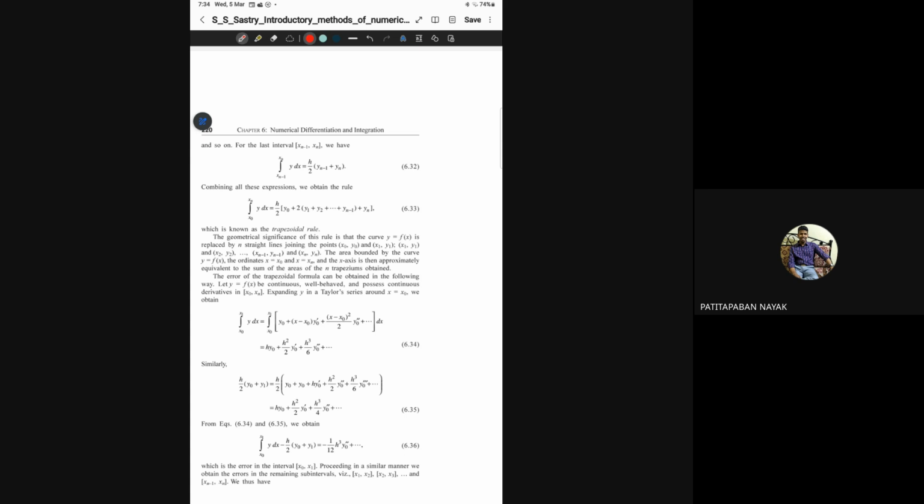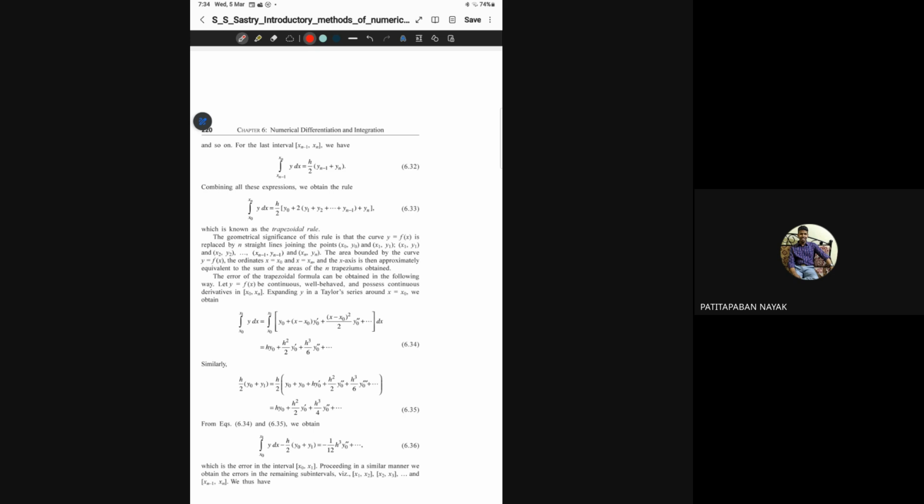What is the square of 2.4? f of 2.4 would be 5.76. Similarly, we can find the squares of 2.6, 2.8. So I can find out f2, f2.2, f2.4, up to f4, and f4 is equal to 16, right?